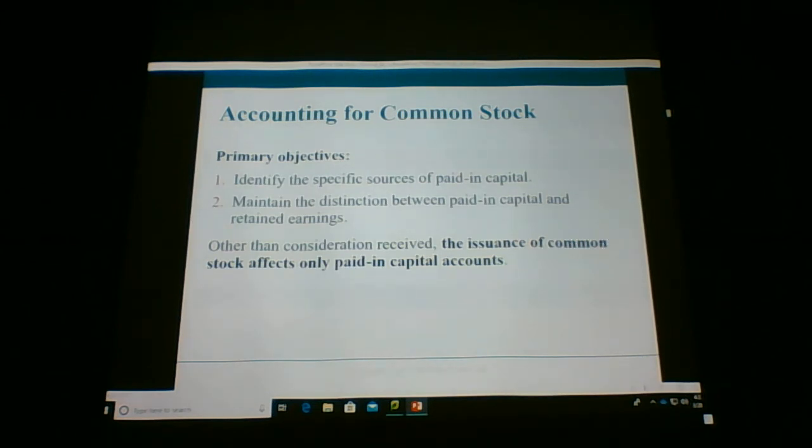But we also want to maintain a distinction between paid-in capital and retained earnings. We've really already talked about that. Paid-in capital is owner investments. Retained earnings is our net income that has been retained inside the company.